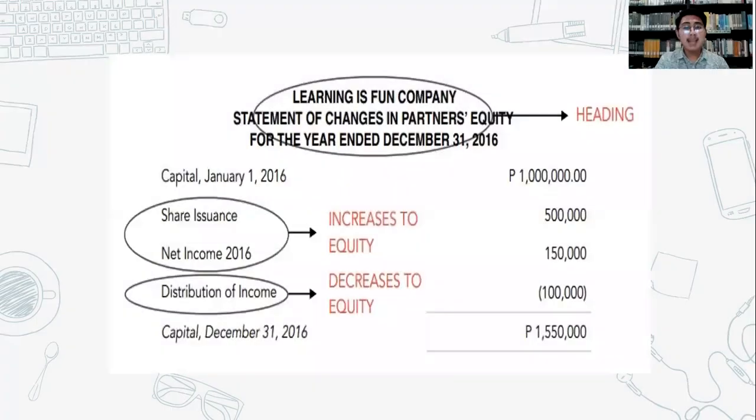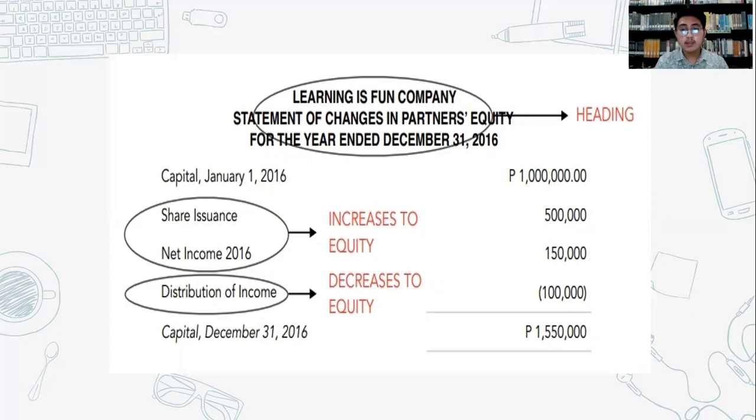Okay? Now, we proceed to the statement of changes in partners equity. Okay? So, for example, ito po yung capital na binigay nila, 1 million. We have the share of issuance, which is also increased to equity, and the net income.